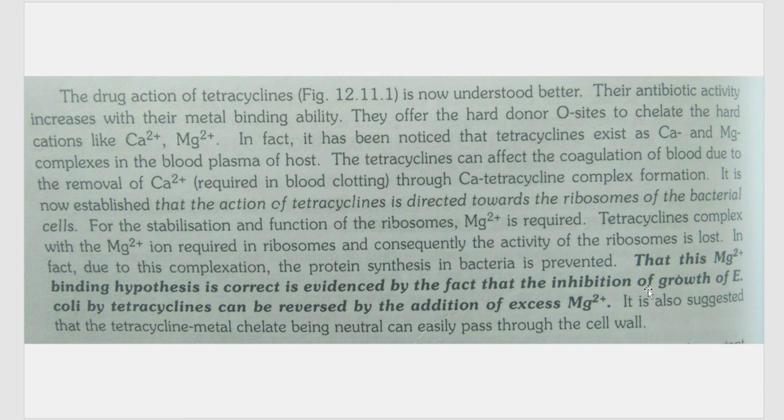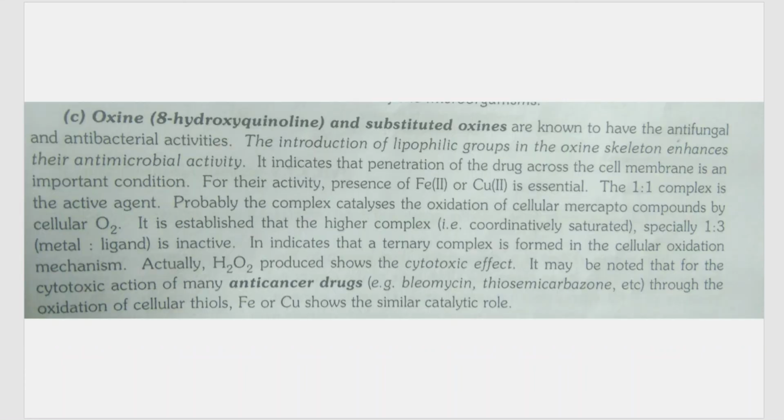That is, there was inhibition of growth of E. coli. Why did this happen? Because Mg2+ from the E. coli was removed by tetracycline and it formed complex with that Mg2+. So this is how tetracycline will affect the ribosome of the bacteria, and that's how it will kill the bacteria in our body. That's why it is used as an antimicrobial drug.